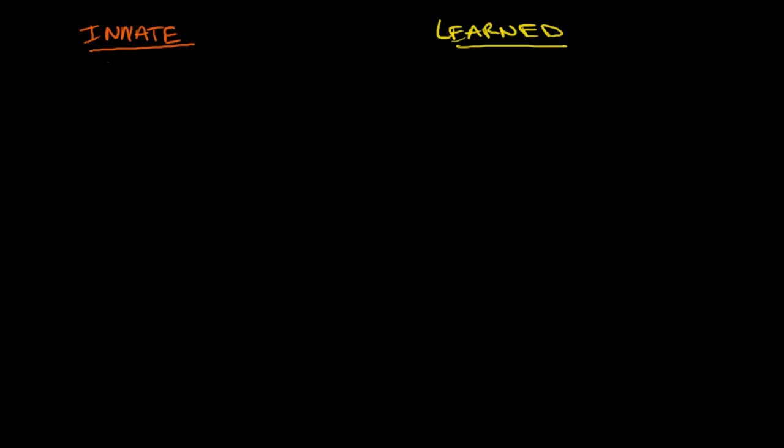Okay, so with our innate, there are a couple of things that we would know. Innate is another way of saying it's like an instinct. So we can say it's instinctive, and there are things here that we call FAPs, or fixed action patterns.